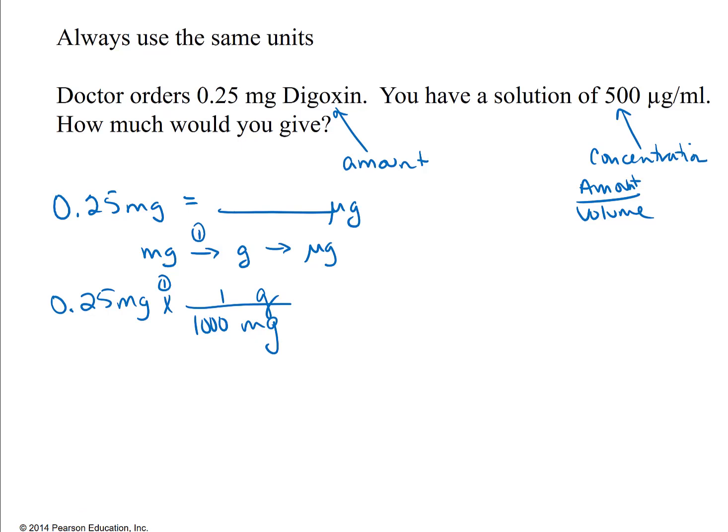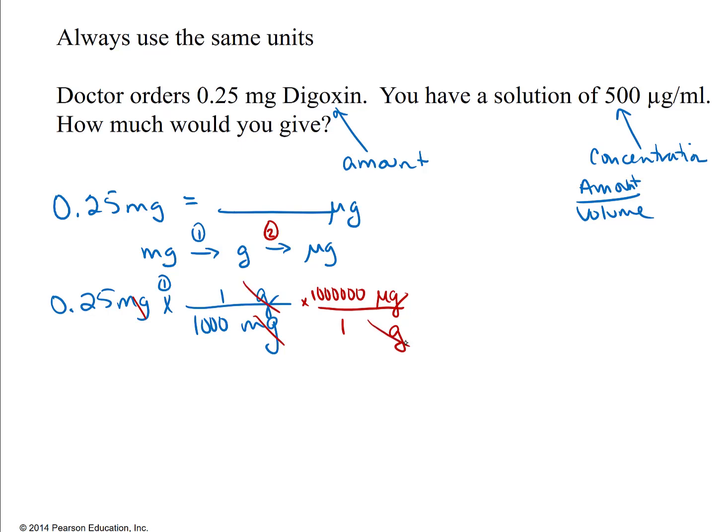But I'm not done. I've now got to do the second step. In that second step, I'm going to take and put what on the bottom? Grams, the unit that I just made. I've got to now get that to cancel so that I can go to the unit that I want. And the unit you want is micrograms. So micro means a million. Every time you see micro, put a million in the front, the base unit would get the 1.